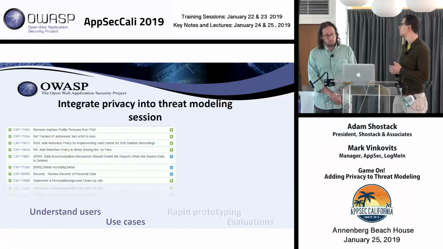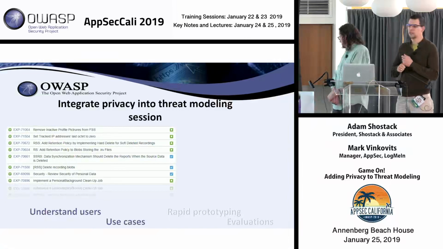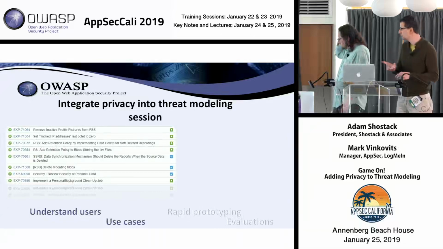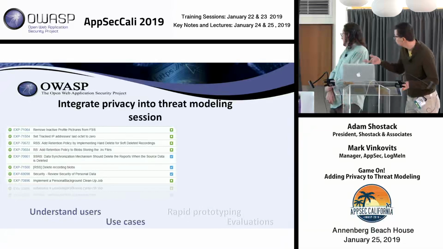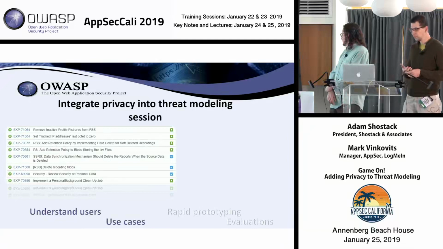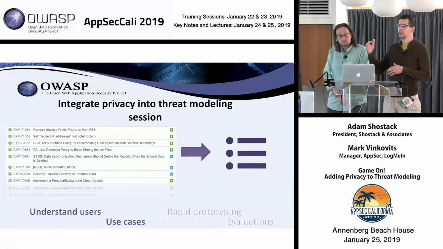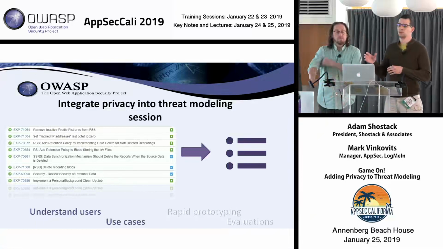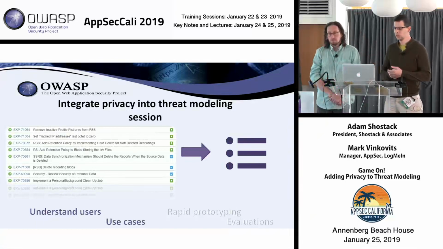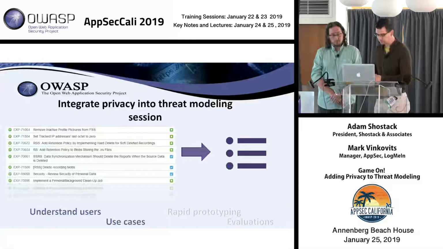Items like remove inactive profiles, or anonymize IP addresses, or implement a cleanup job which removes personal background images. So based on these Jira items, I was basically able to compile a list of topics which should be discussed during a privacy session.